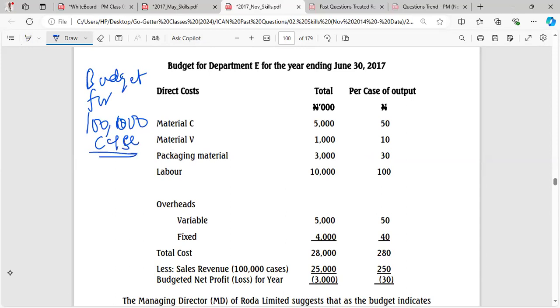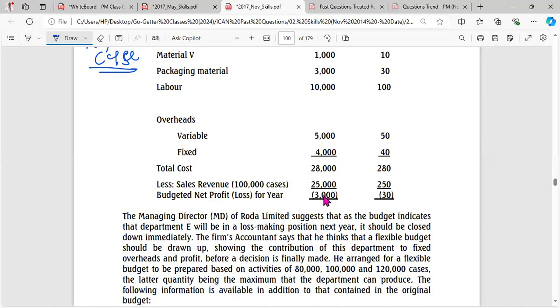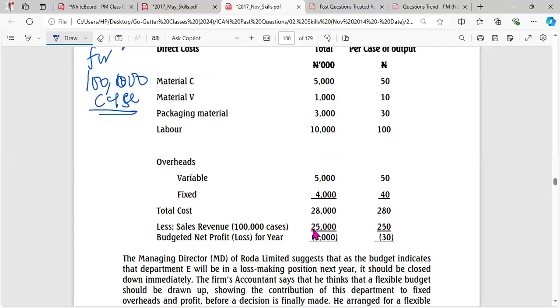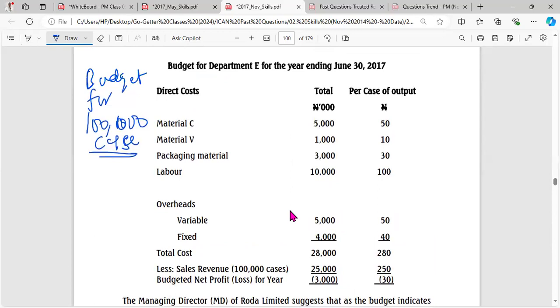Okay, so that is the budget. Now, the loss that they made here is 33 million. All right, so this is the budget. Now, in budget, you need to know that there is something called fixed budget. There is something called flexible budget.